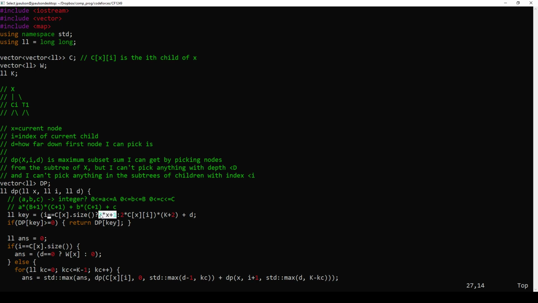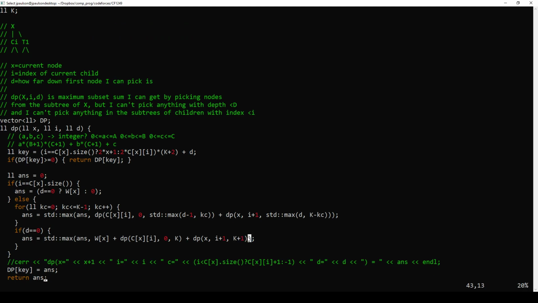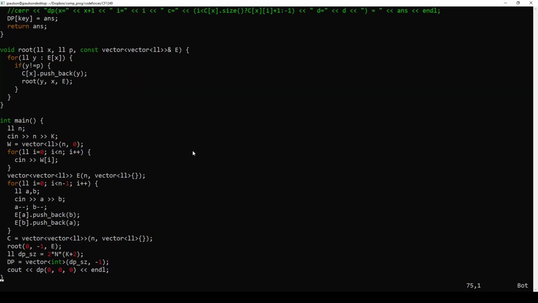So there's the odd case: if a vertex is odd, that means you're at its last child, and if it's even, you're just at it as a child. And then D ranges from 0 to k plus 1, so it's k plus 2 values, so that's y times k plus 2, plus D. So that's my state compression.